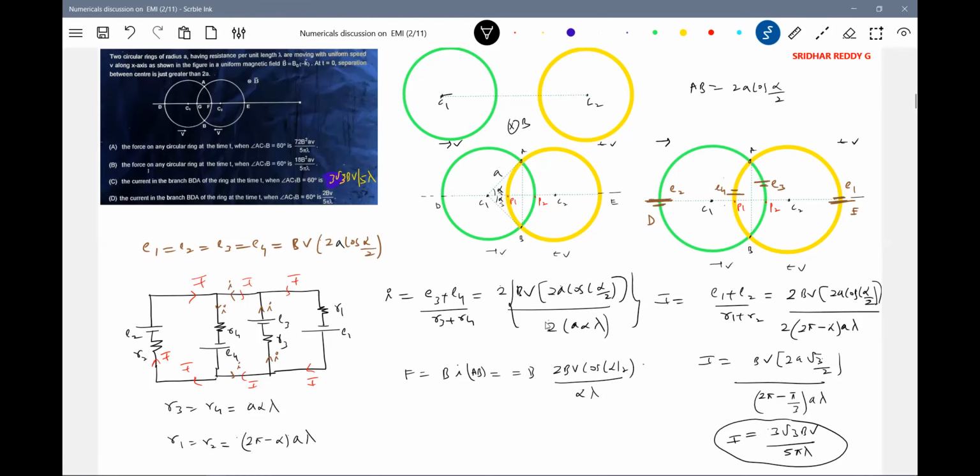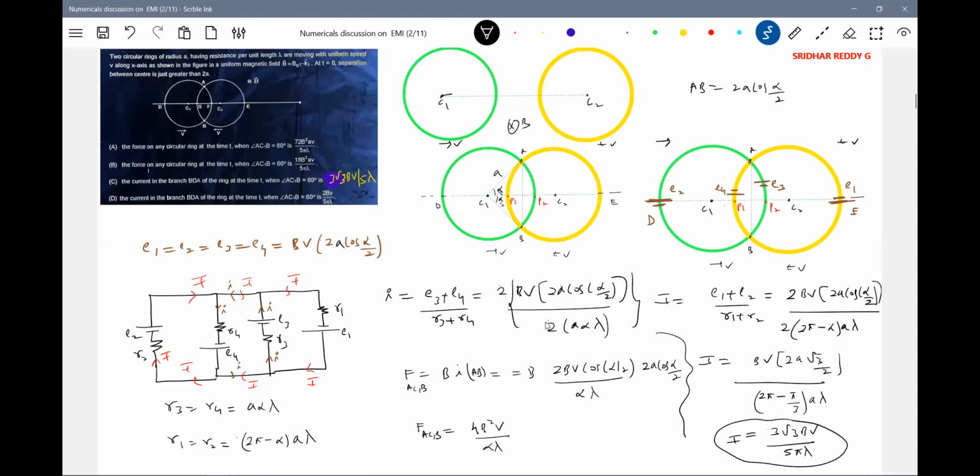This is B. And what is the length of this? 2A cos alpha by 2. So this is the force on AC1B. Here also 4 B square V cos alpha by 2 cos alpha.